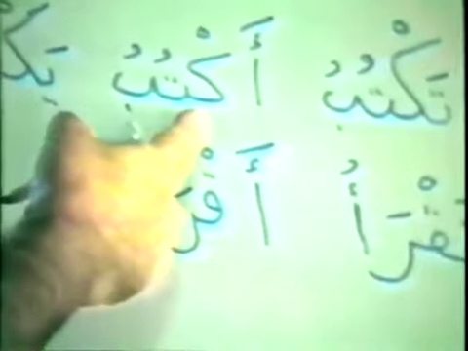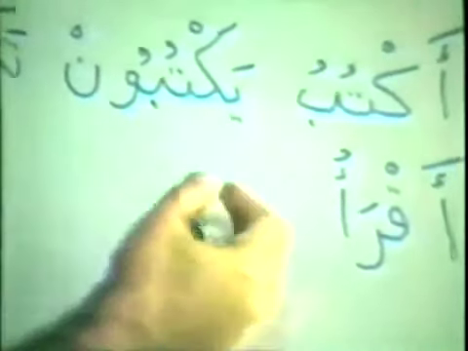So I want you to notice here كتب, to write. قرأ, to read. يكتب, he writes. يقرأ, he reads. تكتب, she writes. تقرأ, she reads. أكتب, أقرأ. This is I read. أكتب, I write. So you can see here the similarities. This is أكتب.